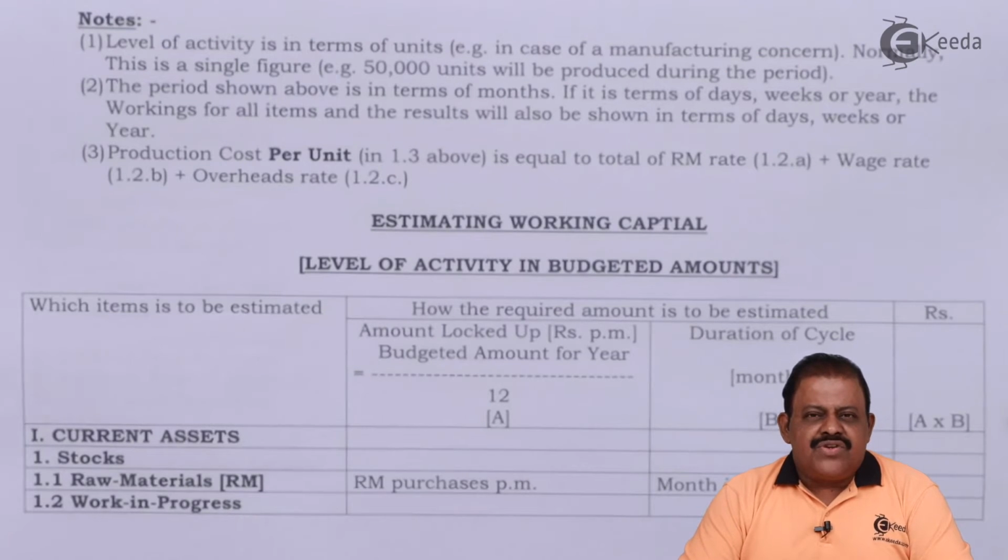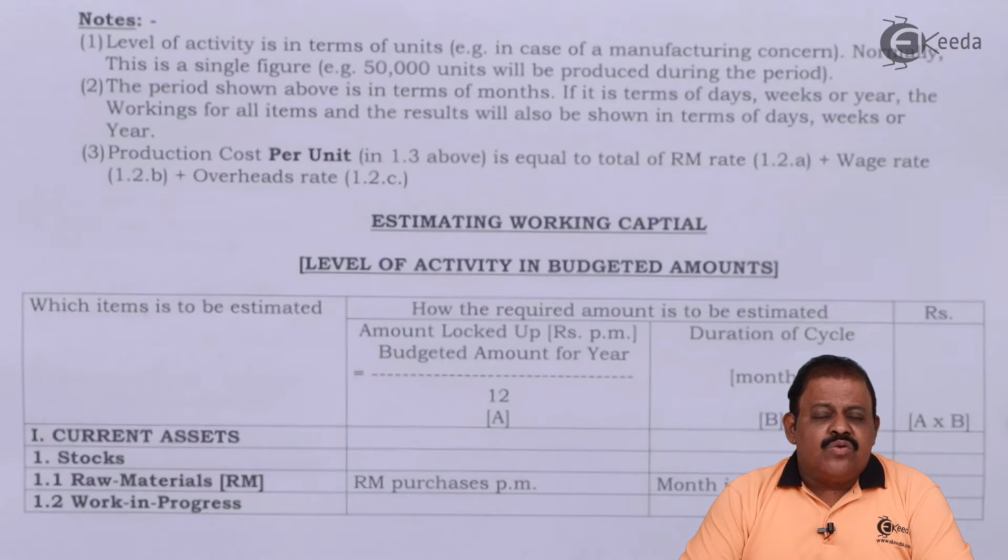While solving the question, first we are required to find out production or output per annum depending upon the information on current assets and current liabilities. If that information is mostly in months, we are required to convert per annum output into monthly output. If most of the information is on a weekly basis, we are required to convert yearly output into weekly output.